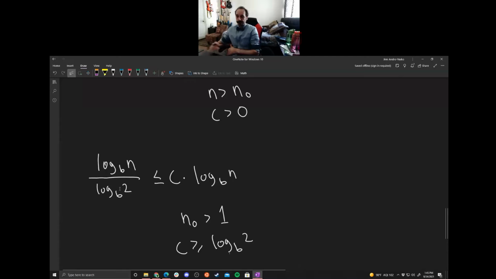Which means that between any two logs, log A or log B, they're off by a constant factor. Which means that O of log n contains every logarithmic function you can think of: log 10, natural log, log of 2, any of them. They all have the same asymptotic growth rate.